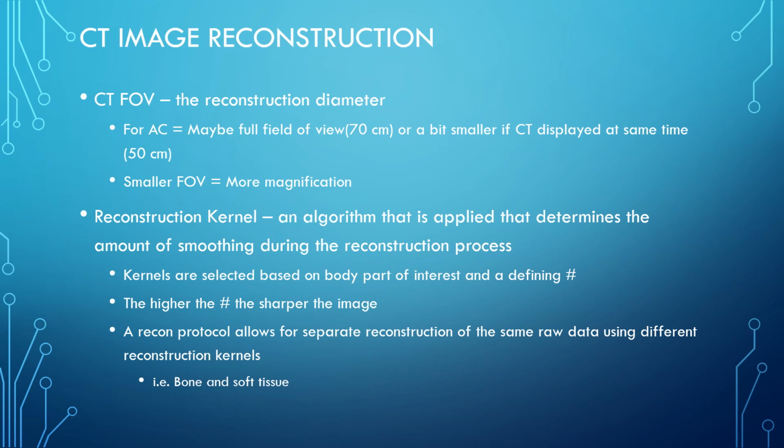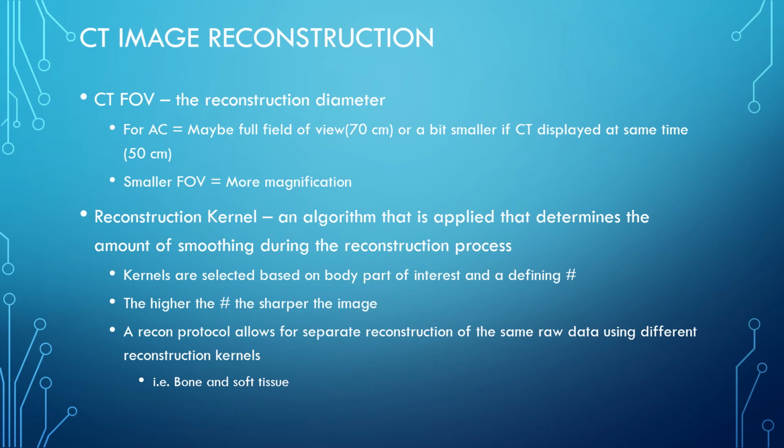Reconstruction kernel or reconstruction algorithm, it's all the same thing, it's just a different name when it's CT, but this is the algorithm. Sometimes it's referred to as a filter. That's how we more commonly know it in nuclear medicine. But this is just the algorithm that's applied that determines the amount of smoothing during reconstruction.